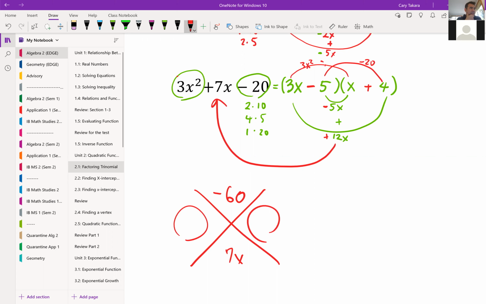Left and right, they must add up to the bottom. Multiply to make up the top. Yeah. It's kind of like doing the same thing, but now you're dealing with a negative 60, right? And that's lots and lots of combinations.